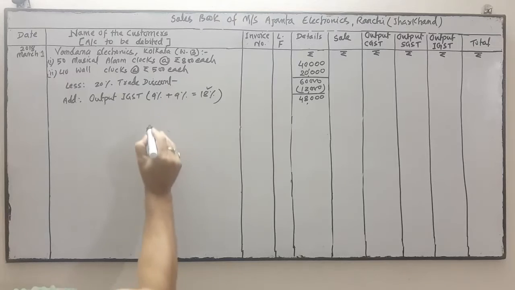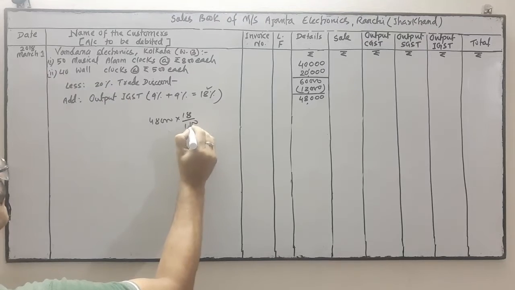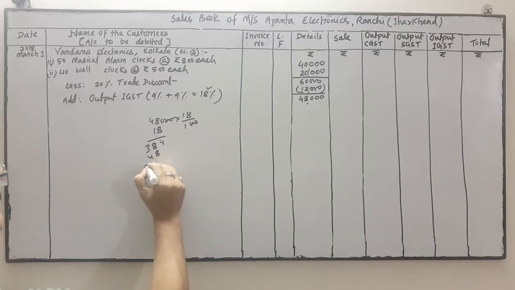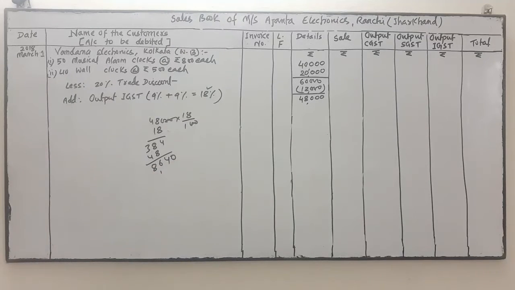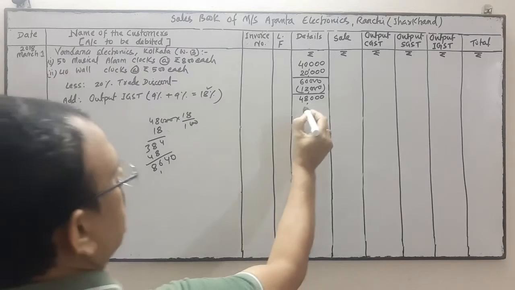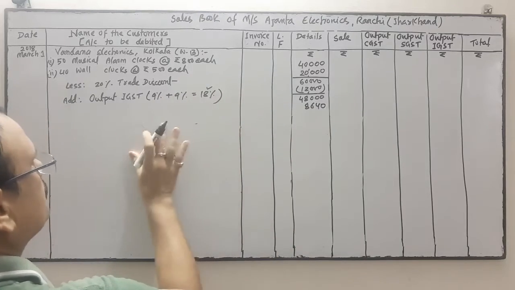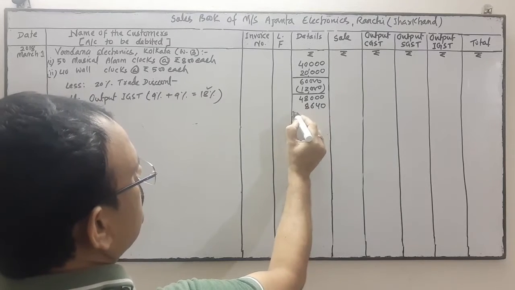So 18% of 48,000 is 8,640. We will add this figure.